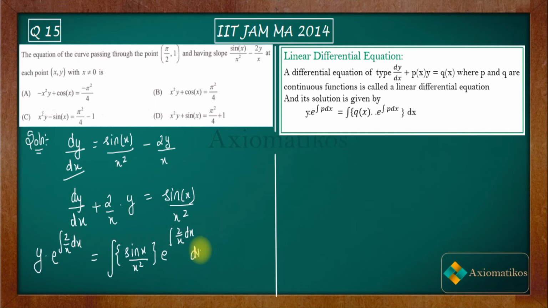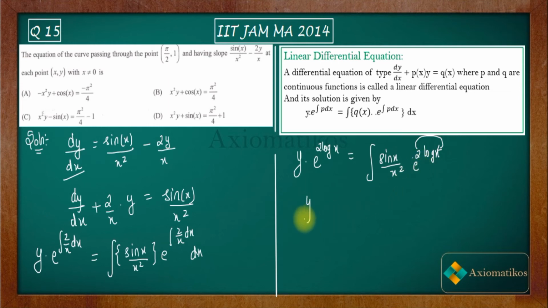Now what is the integration of 2/x? It's 2 log x. So you will get e to the power 2 log x on the left, and sin x by x squared times e to the power 2 log x on the right. Now you can take the 2 inside and apply the property that e to the power log x is equal to x.